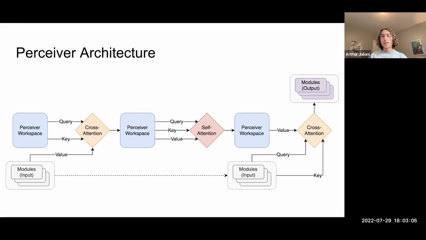And then lastly, cross-attention is also used for reading information back out from the workspace and updating the contents of the set of modules. And so what's described here would be a single time step in a sequence of computations that would happen over time on video data, audio data, or frames in a game or anything like this.